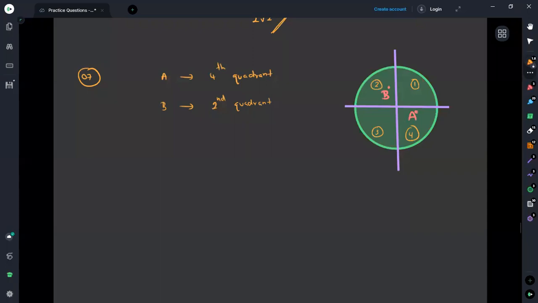The next thing given is that the modulus of sine A is equal to 3 over 5, and the modulus of tan B is given as 7 over 24.